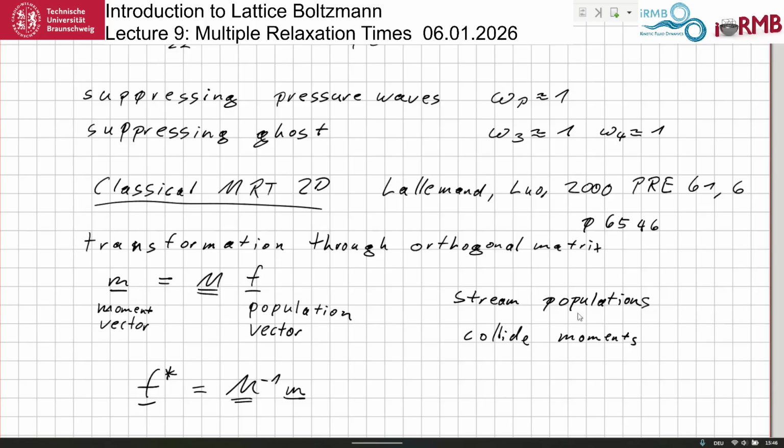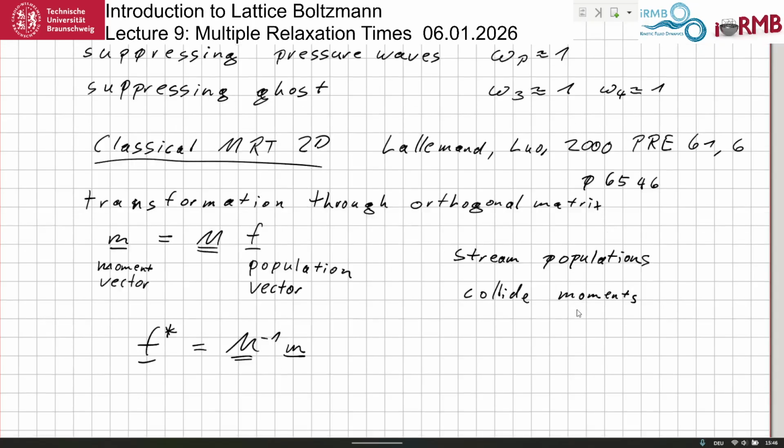The matrix M here used an unweighted orthogonal matrix. We've talked about this already sometimes. Now we're getting closer and closer to why this is important.